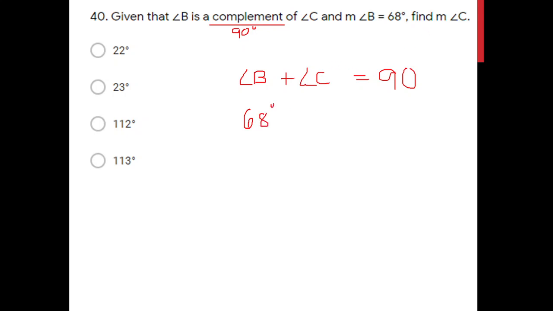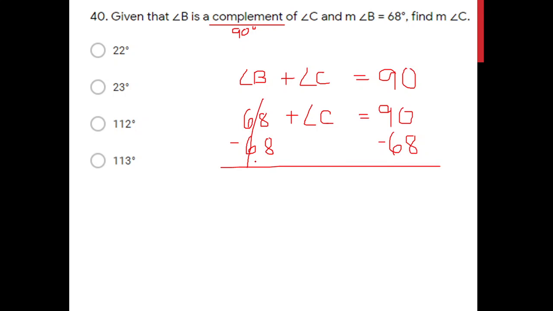Okay, so if the measure of angle B is 68 degrees, we need to find the measure of angle C. So I'll just bring down angle C here, equals 90. So how do I solve for angle C? Again, we need to eliminate this one. I'll just remove the degree sign so that you will not be confused. Again, you have two terms being separated by a plus sign. I need to eliminate this one to solve for angle C. Since this one is positive, I'll just add a negative 68 here and a negative 68 here also on the other side.